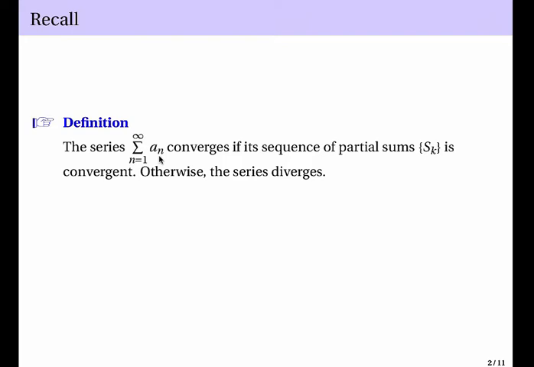Let me recall what s sub k is. Your s sub k is the sum of the first k terms of the series: a sub 1 plus a sub 2, and you continue until you have a sub k. So, partial sums. Okay?